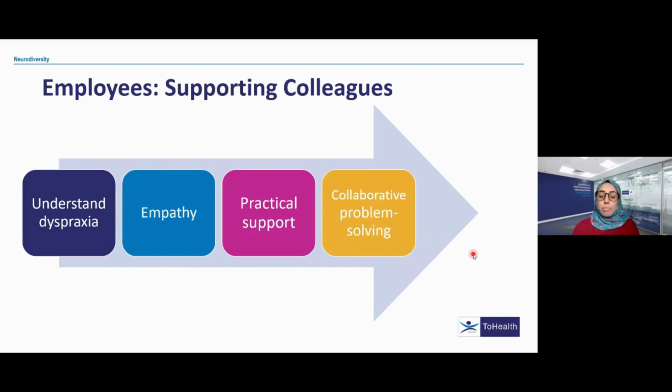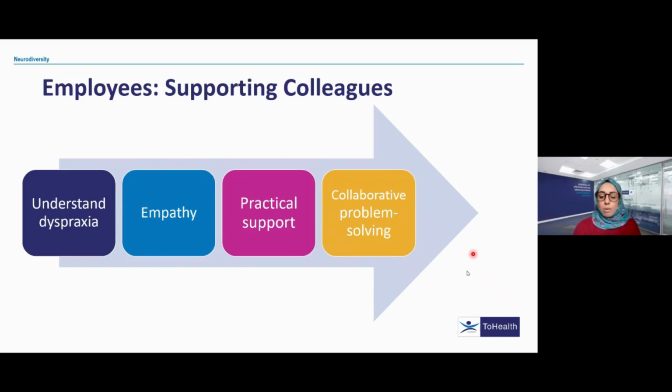Engage in collaborative problem solving. Work together to identify challenges and try to find innovative solutions, because this collaborative approach can promote a sense of teamwork and reinforces a supportive workplace culture.